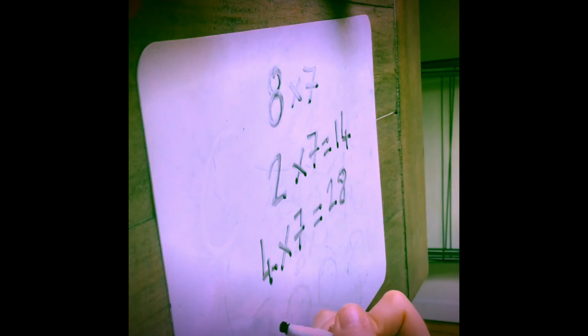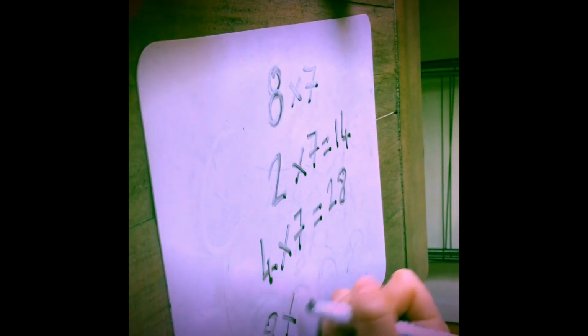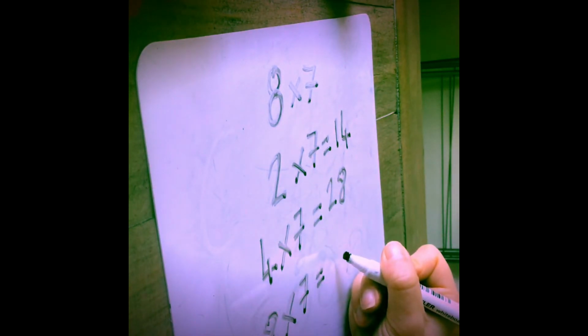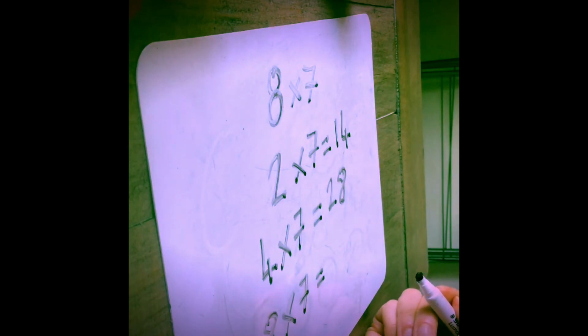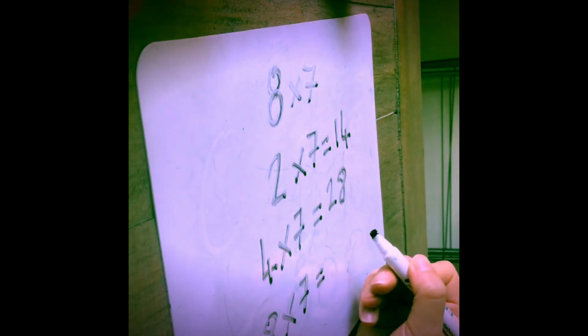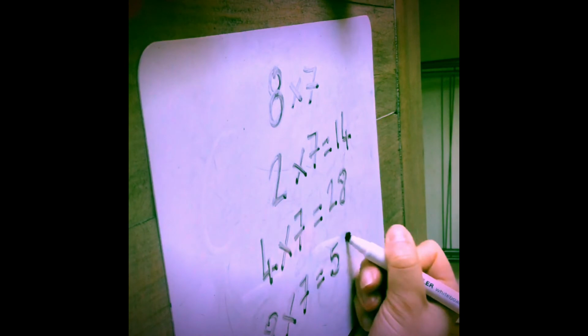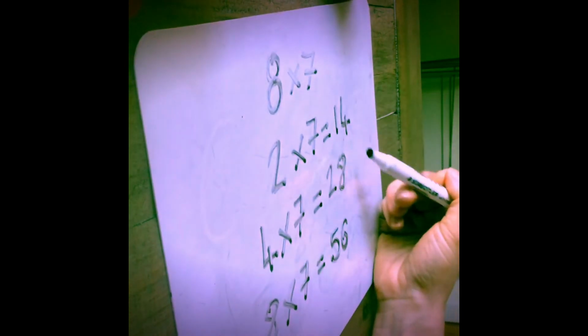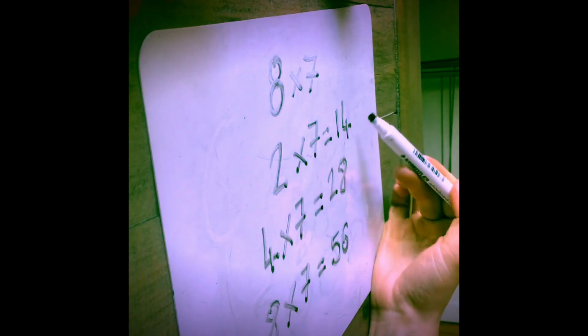So double 28, which will give 8 times 7. So double 20 is 40, double 8 is 16. 40 add 16 is 56. So there we've got our answer from doubling each one starting at 2.